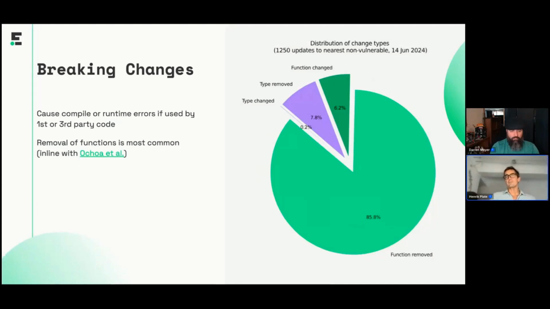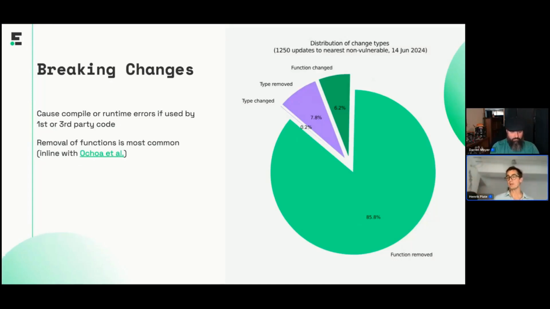Now, we looked at which of the different breaking change types are most frequent. There are different ways an API or a component can break a client. The most common change is basically the deletion of a function. A function which was formerly present has been removed.